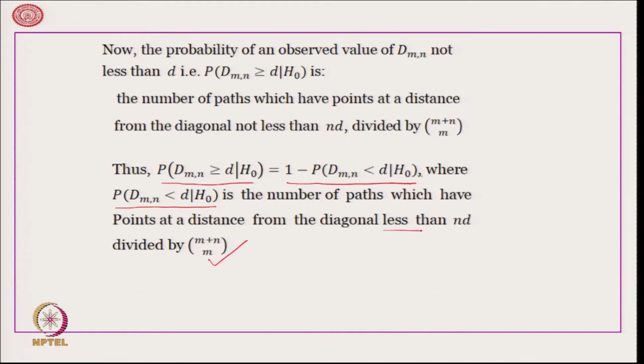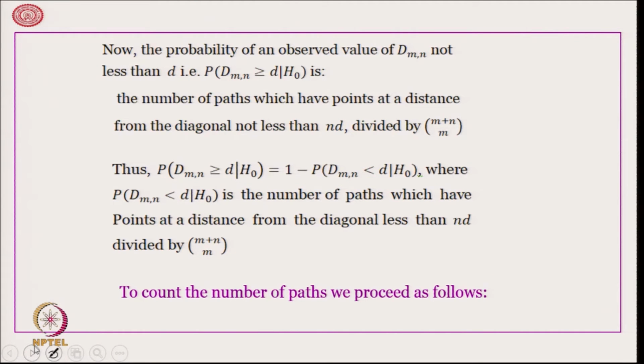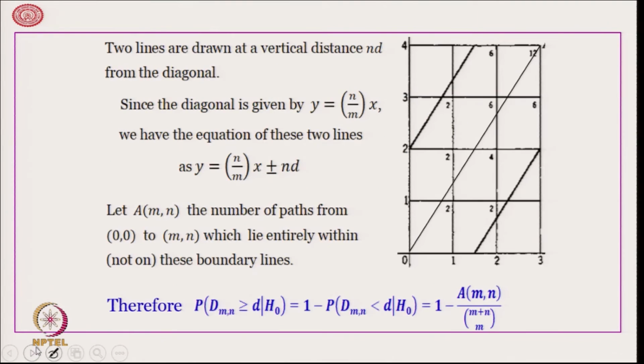Please focus on this part, it is less than, and as we can see here, it is strictly less than. Therefore, the points which are at a distance exactly n d will not be taken into consideration for this calculation. Therefore, we now need to count the number of paths, and we proceed as follows.